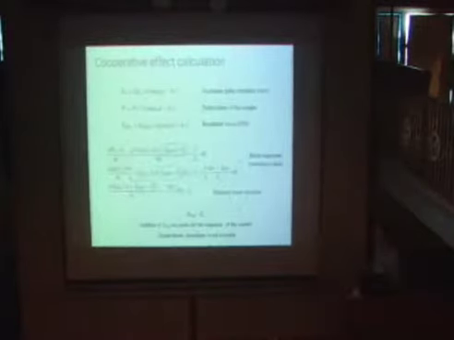To use this model, we do some numerical calculations to predict what phenomena we can observe in our experiment. It's a very simple calculation based on the semi-classical approximation, and we numerically solve the Bloch equations and the reduced wave equations. The cooperative effect is included in this calculation, because the electric field is not only the excitation electric field but also includes the radiation electric field.